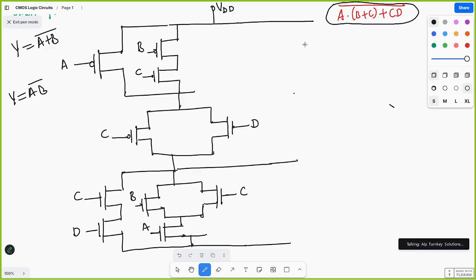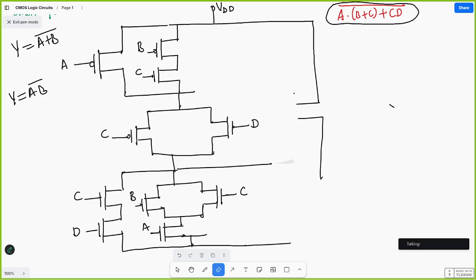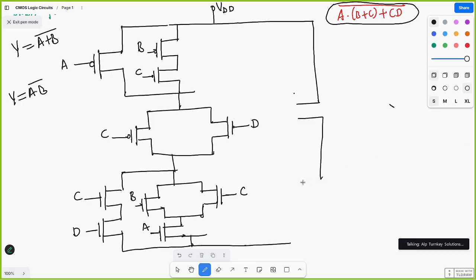Here I am implementing, so you will get this is PMOS, and this is NMOS.